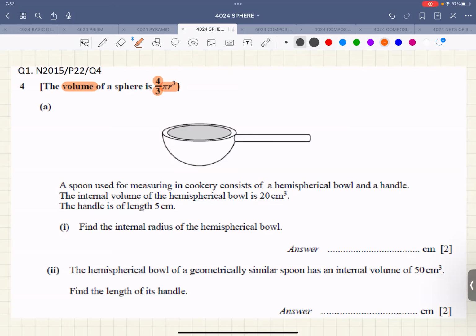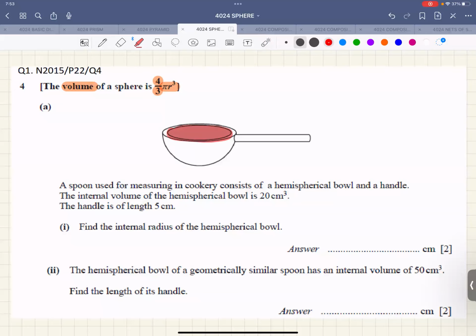The question says, a spoon used for measuring cooking consists of a hemispherical bowl and a handle. So this is the handle and this is the bowl. The internal volume, of course, there is a thickness over here. We are not interested in that. We are interested in the internal volume, this thing on the inside only.